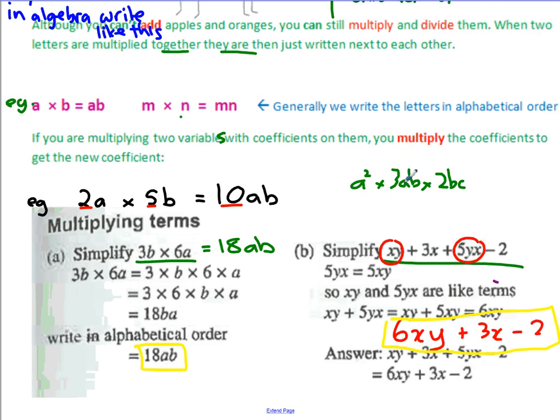So 1 times 3 times 2 equals 6. So coefficient first. Then deal with the a's, because you've got to go in alphabetical order. We've got a's, b's and c's. a squared times a would give you a cubed. b times b will give you b squared. And there's only one c, so c times 1 is just c.